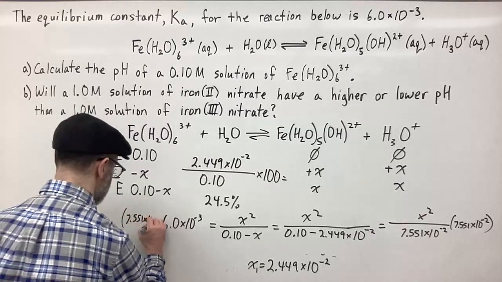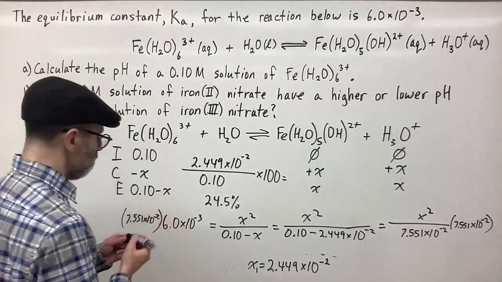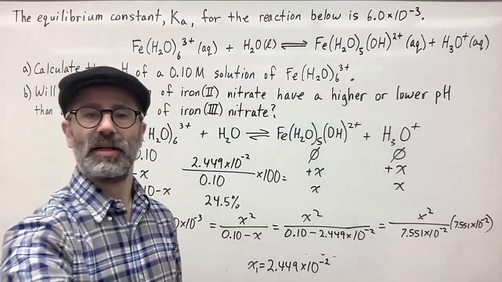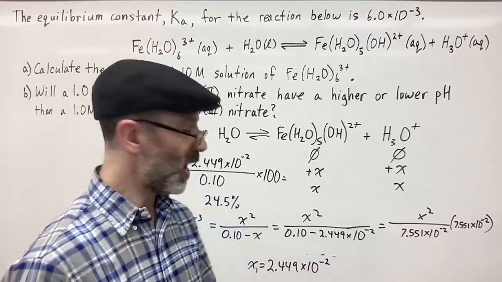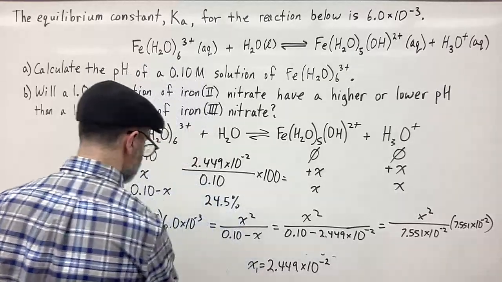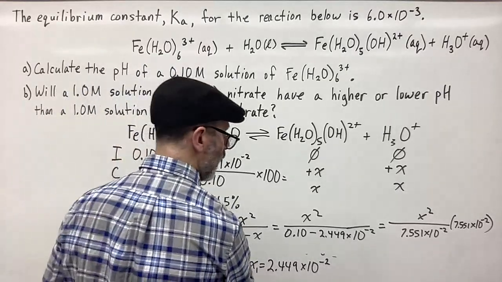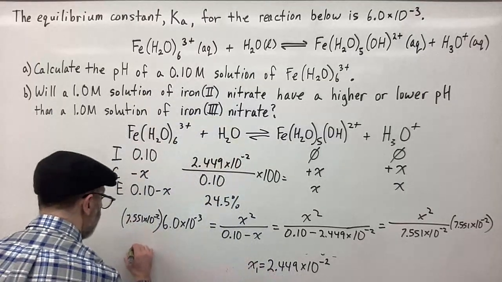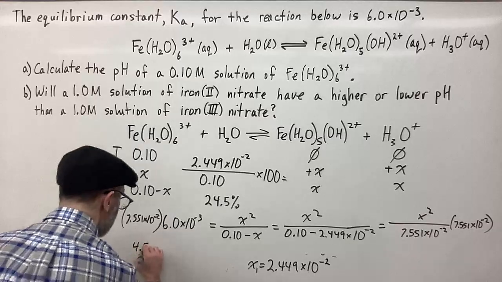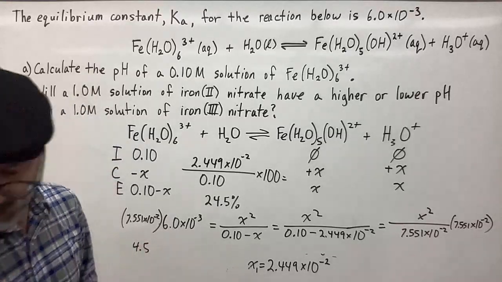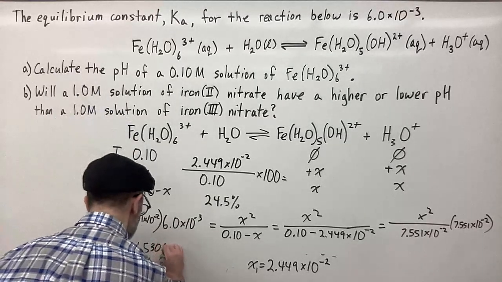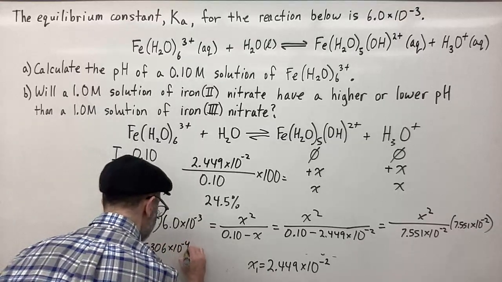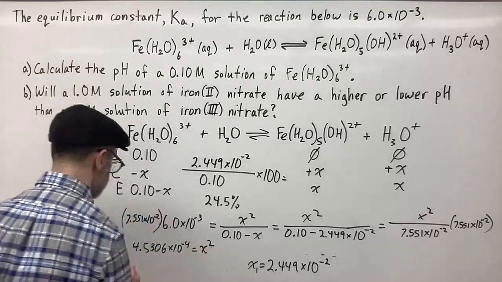And when I do that, I get 4.5306 times 10 to the negative 4. That's going to be equal to x squared.